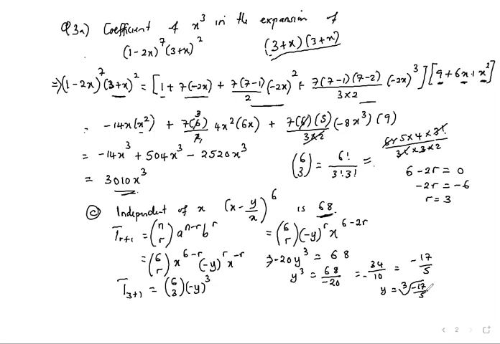So it's just to know that the term I should find independent of x should be equal to 68. So if the term is equal to 68, then after I find it, I equate it to 68 and find the y, because now it is manipulated.